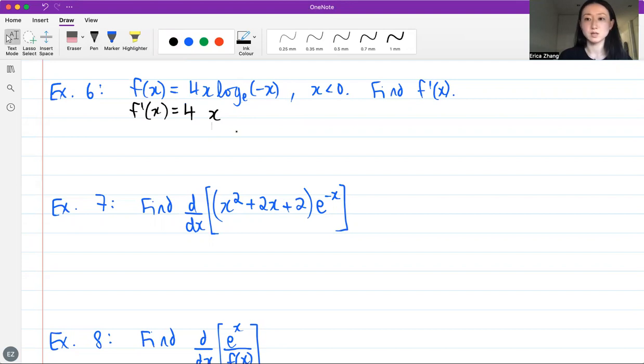So using the chain rule, we get 1 over negative x times the derivative of negative x, which is negative 1, plus natural log of negative x times the derivative of x, which is just 1.